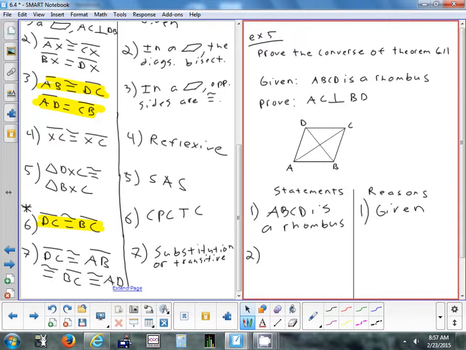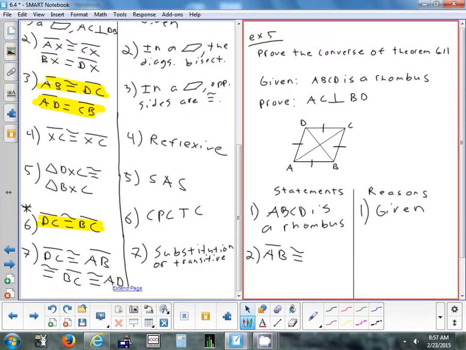A couple things we could say. Okay, we have 2 pairs of parallel sides. Let's go even more specific. Things just about a rhombus. Ian? Yeah, it's got 4 congruent sides. Okay, we can write down that all 4 are congruent. I don't think we're going to need all 4, but let's write them all.